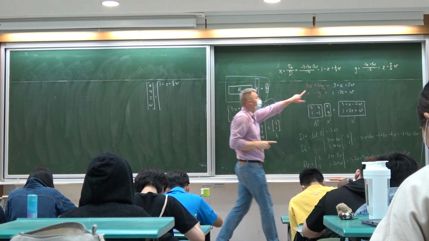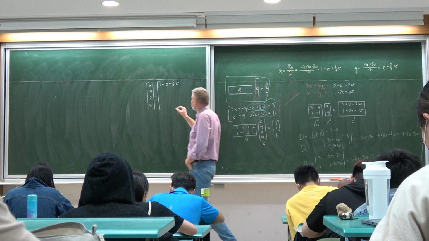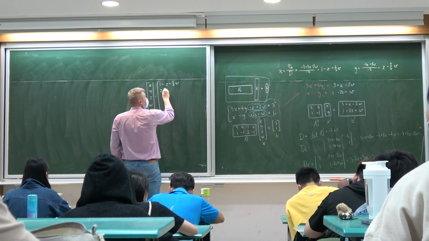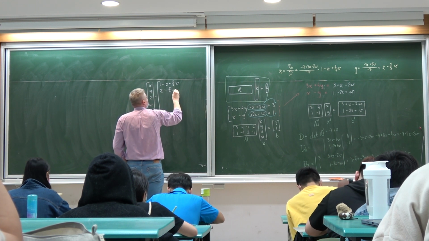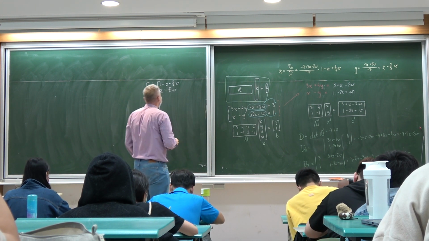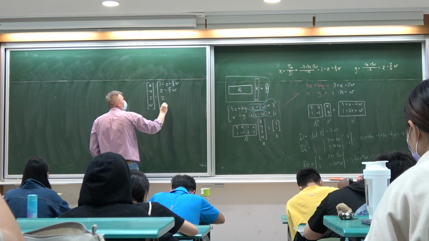Y is equal to z minus 5 over 7 w. Z is just z, and w is just w.